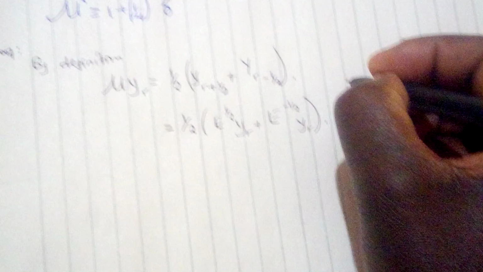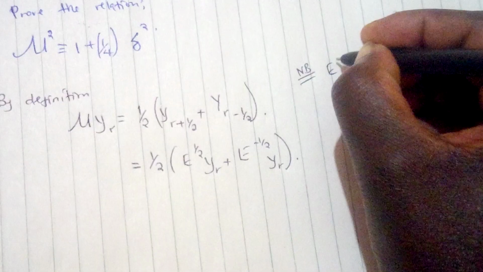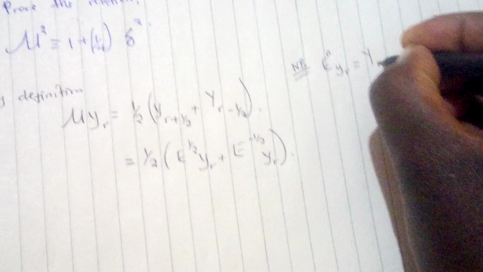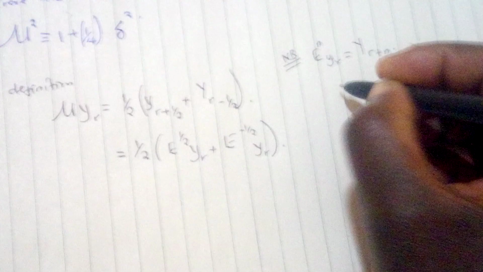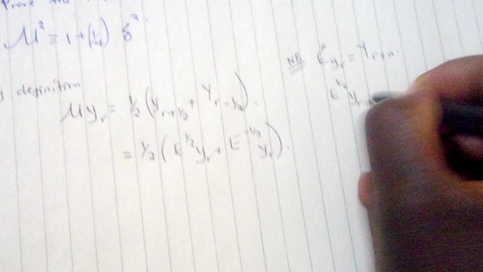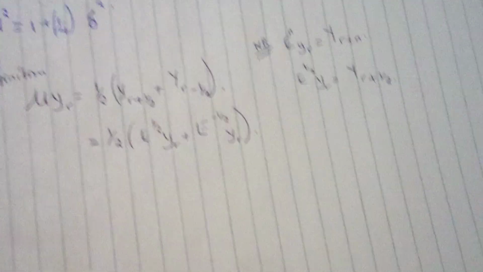So a point to remember, let's have this in mind first before we continue. We said that the general formula for the shift operator is E yr is equal to y at r plus n. So if we have e to power a half yr, it means the functional value y at r plus a half.